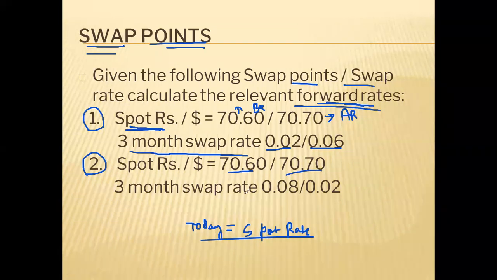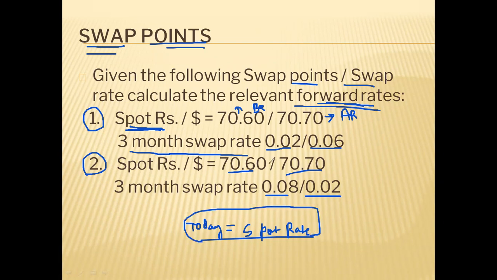The 3 months swap rate is given as 0.08, 0.02. Using both illustrations, we will understand how to calculate the forward rate using the spot rate and the swap points.